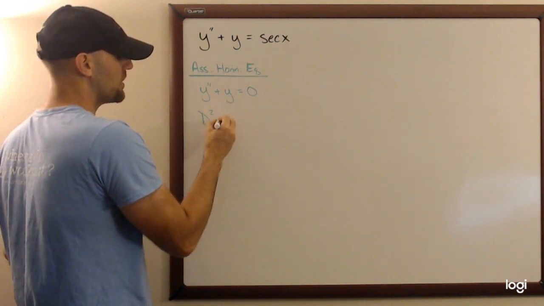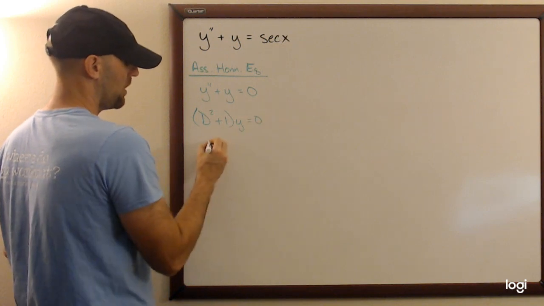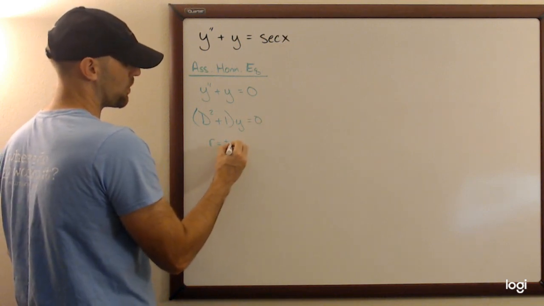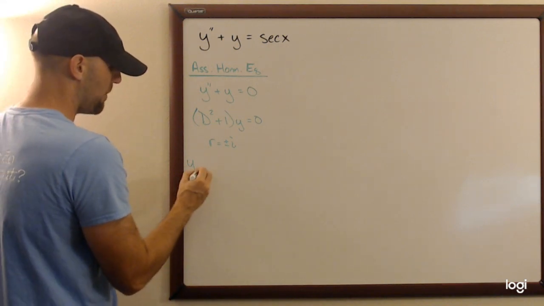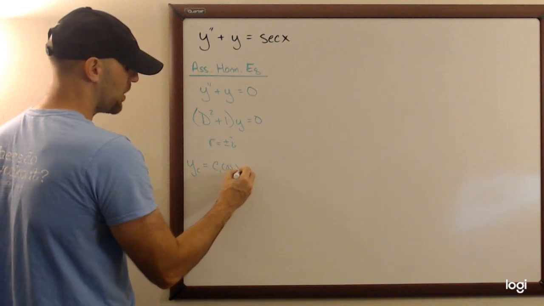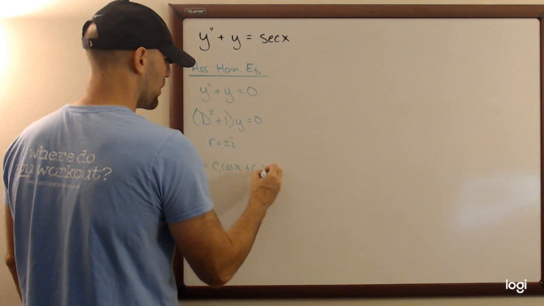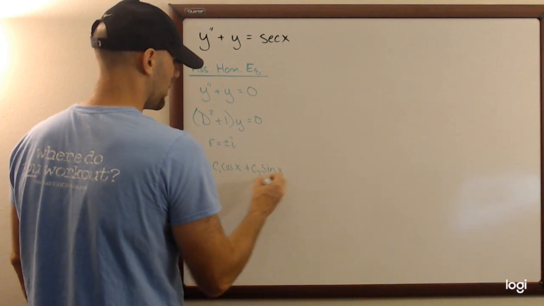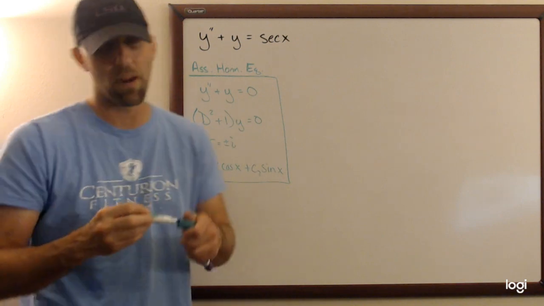This is D squared plus 1 y equals 0. For the auxiliary equation, I get the roots plus or minus i, and we've done this probably several times now. I know that this corresponds to c1 cosine x, again that's 1i, plus c2 sine x. Okay, there's my complementary solution. There we go. Easy as pie, right?